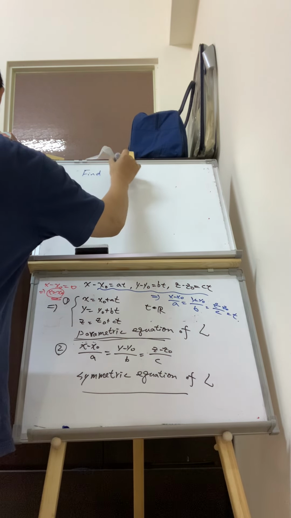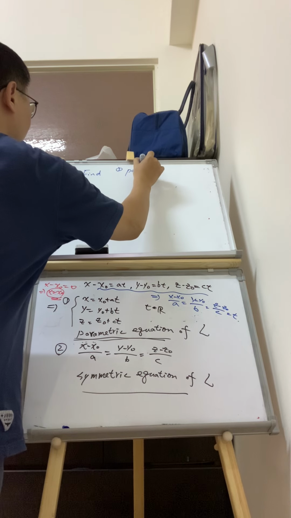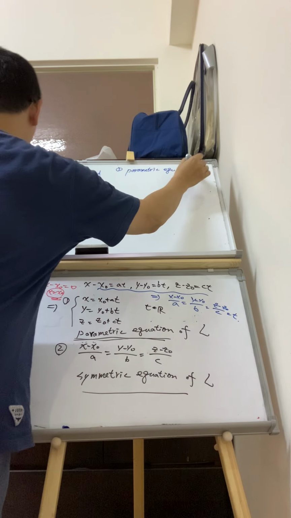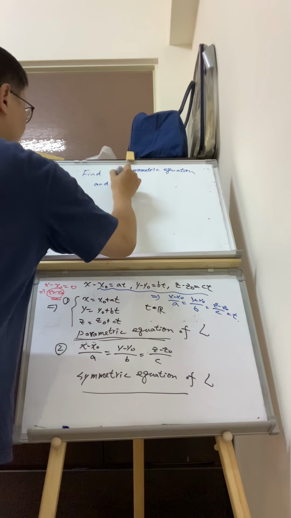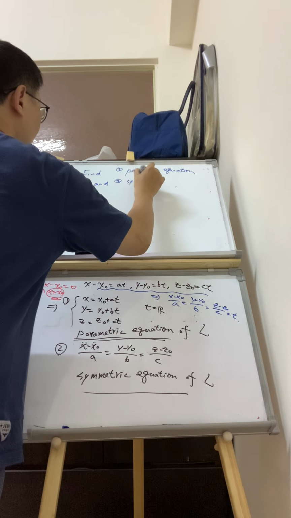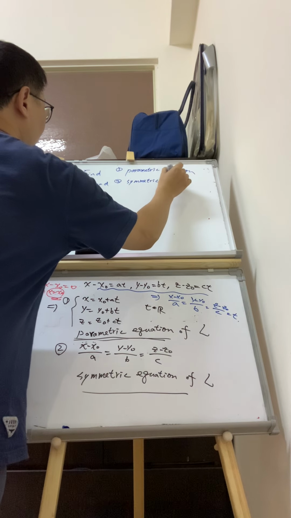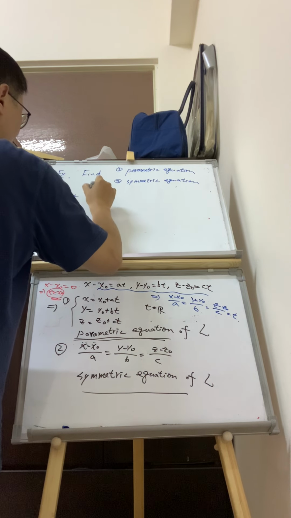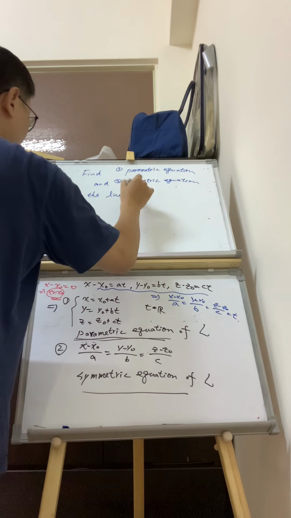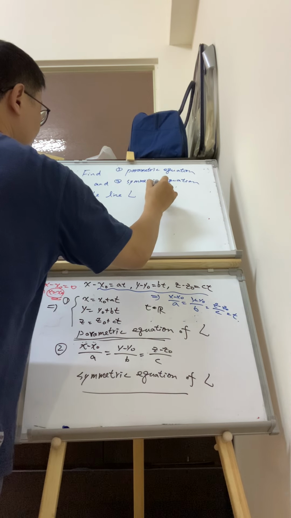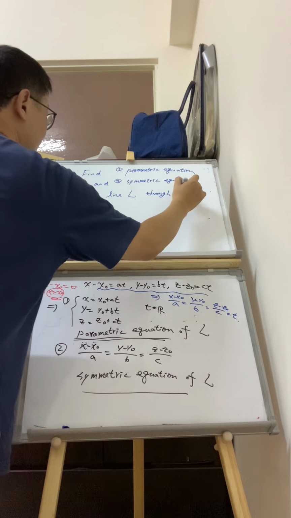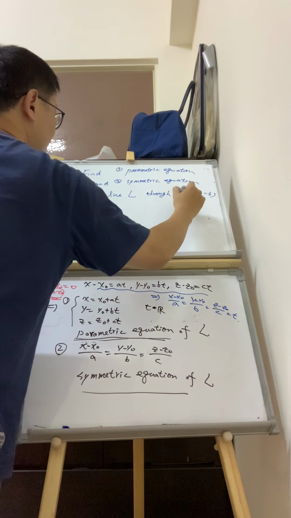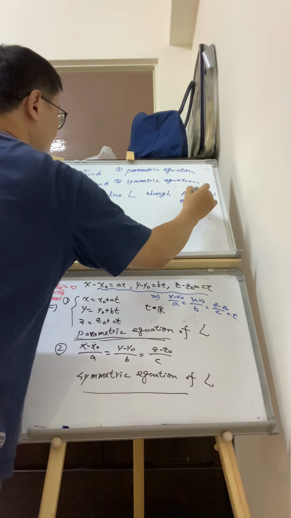You want to find the parametric equation and symmetric equation of the line through 2 points: A (2, 4, negative 3) and B (3, negative 1, 1).